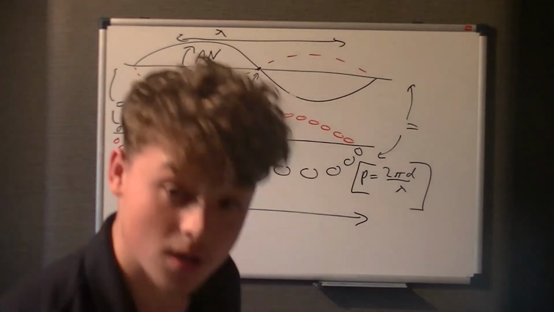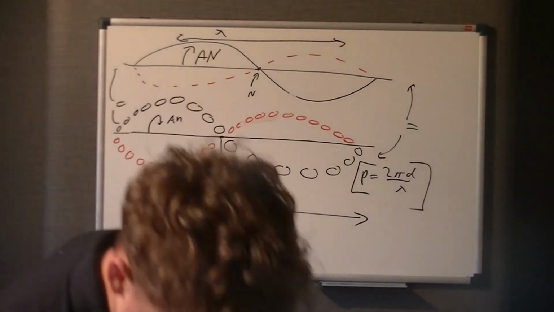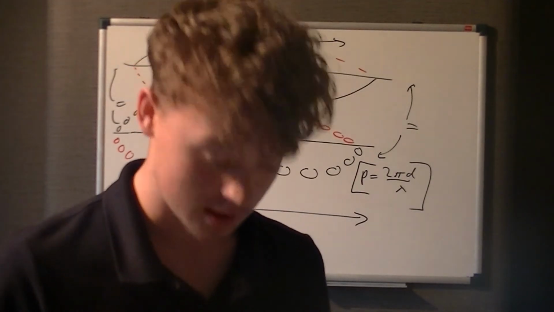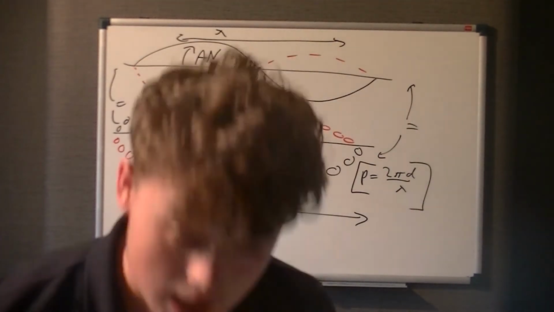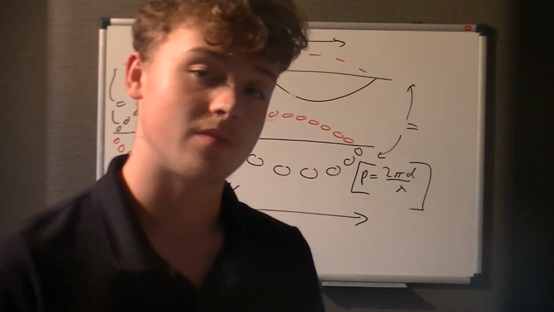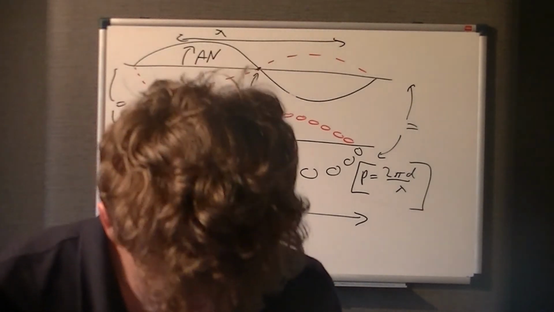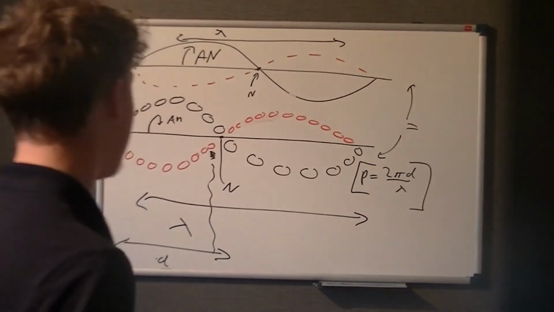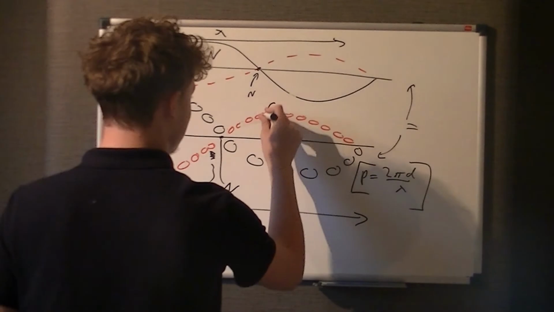Some more key terms. The displacement of a vibrating particle is its distance relative to its equilibrium position. Amplitude is the maximum displacement of a vibrating particle. So what we were talking about is like this one here.